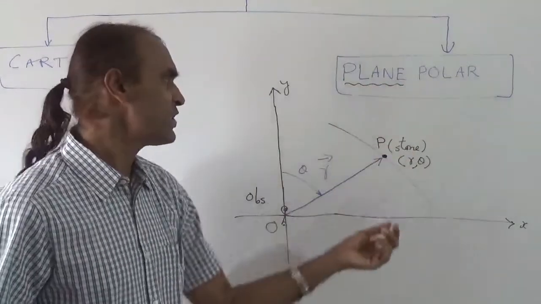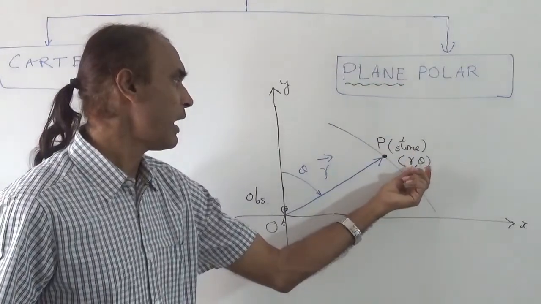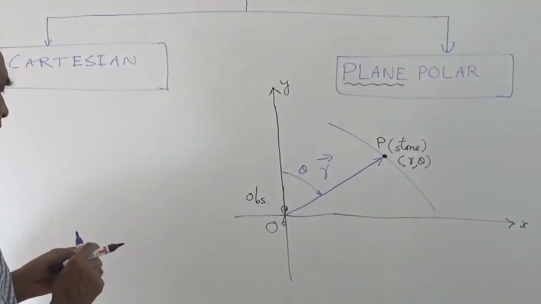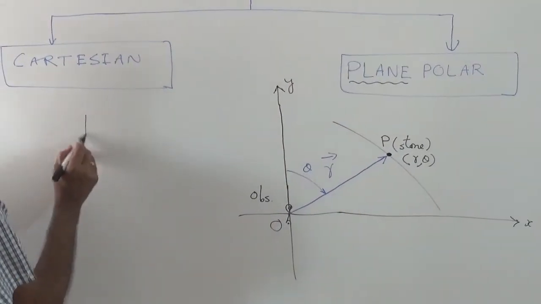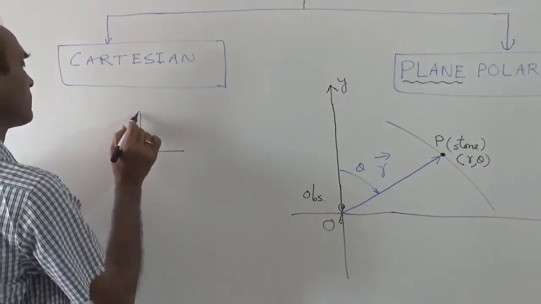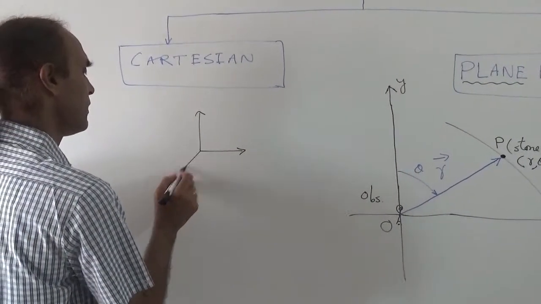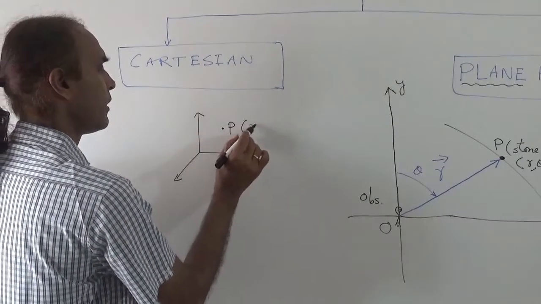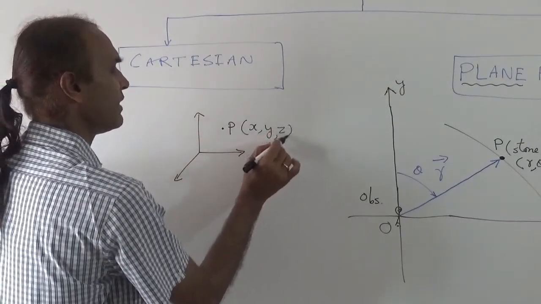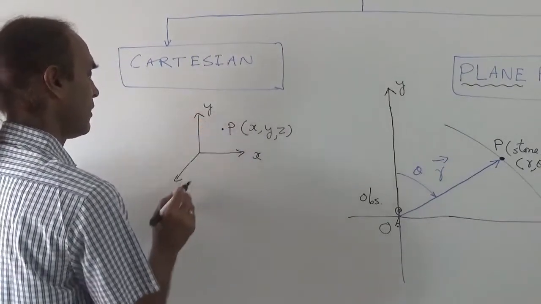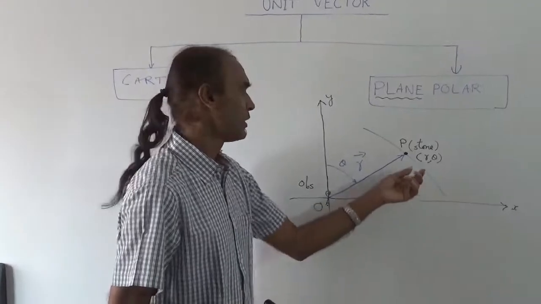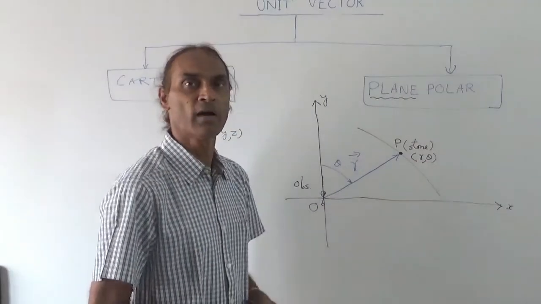In the plane polar coordinate system, the coordinates are r and theta. In the Cartesian coordinate system, the coordinates are x, y, and z.